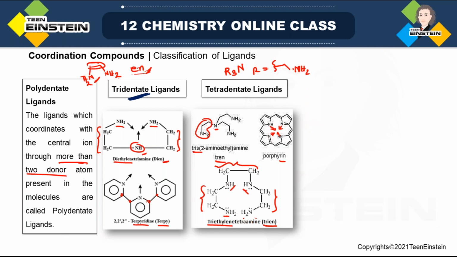So now the name is triethylene tetraamine. Once you understand the name of en, ethylene diamine, which is an example of a bidentate ligand, you can easily identify the names of the two extended versions: the next is dien, and the next one is trien. Up to this point, in the structure of ligands and their denticity, is there any doubt?